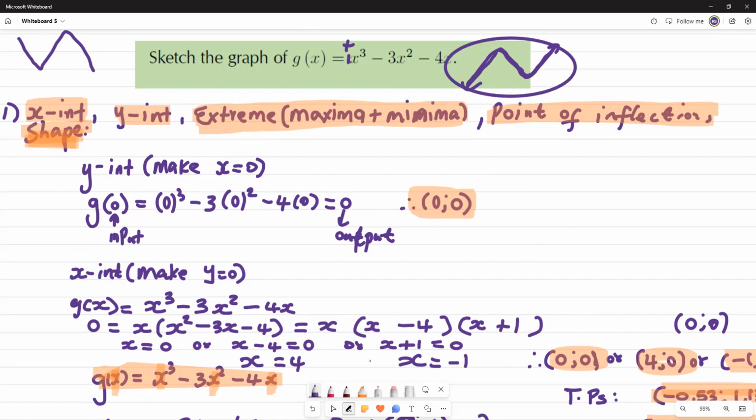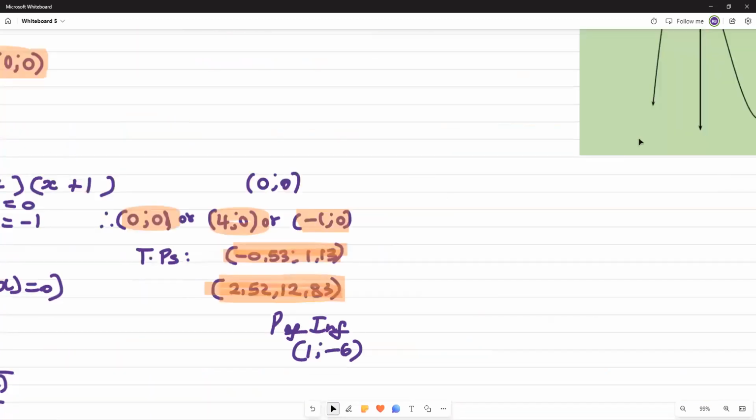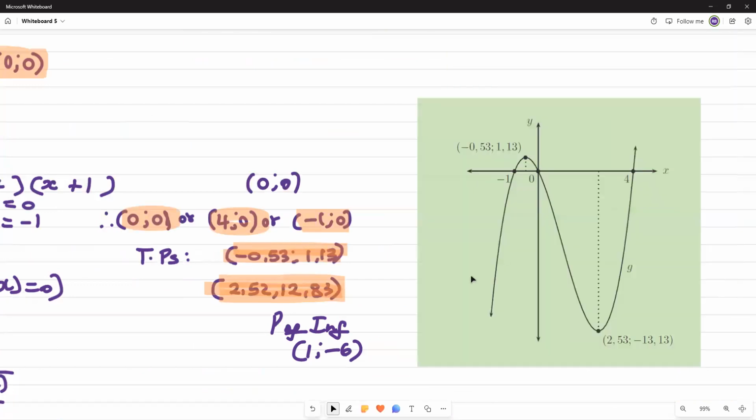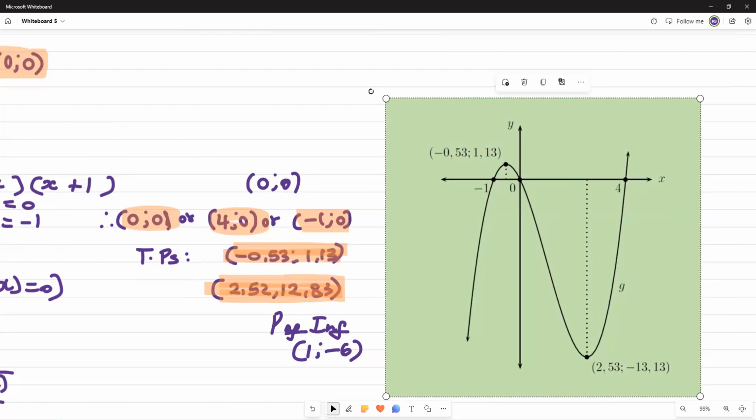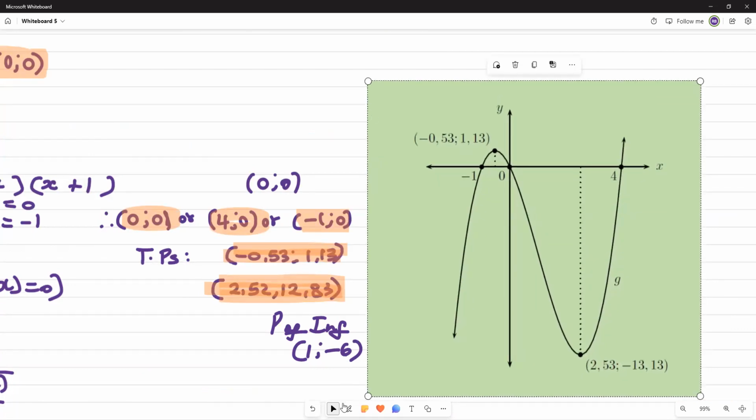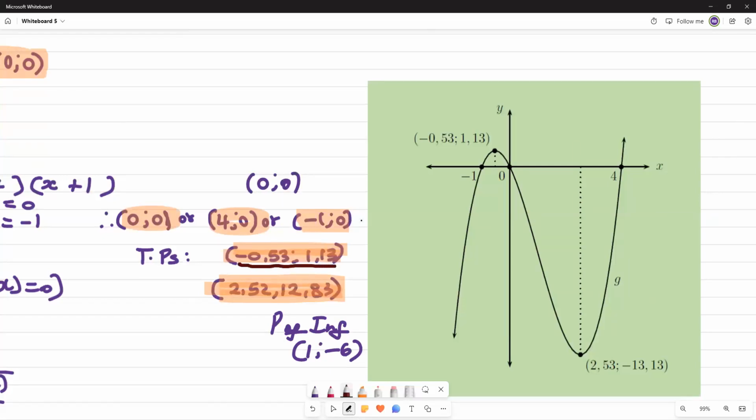Perfect. So now let's go and sketch it. To save time, we already have the sketch here. We just have to verify if everything is fine. So what you would firstly do, I'll just walk you through it again. Let's start with the turning points. This one here is there. Do you see it?